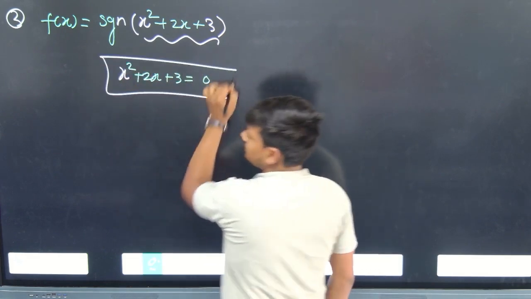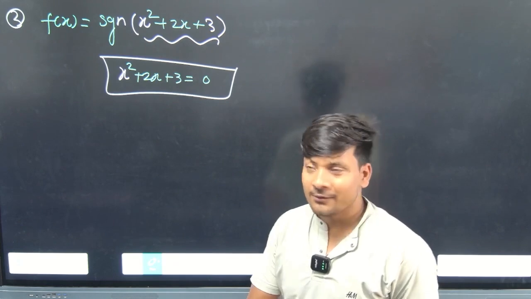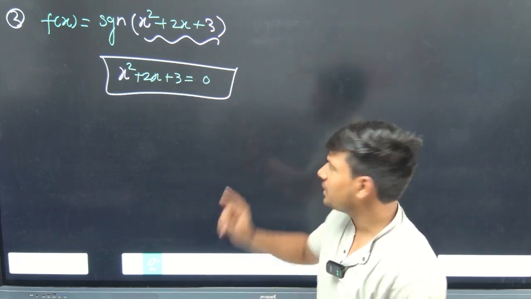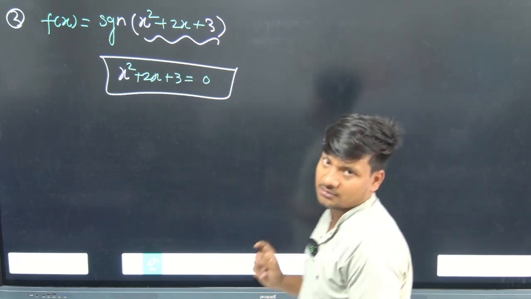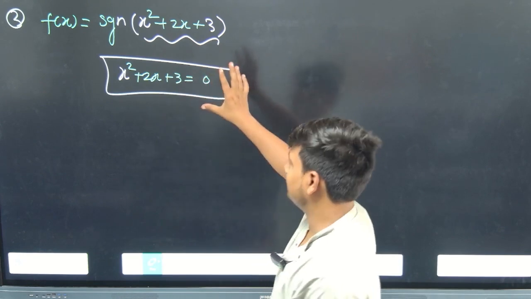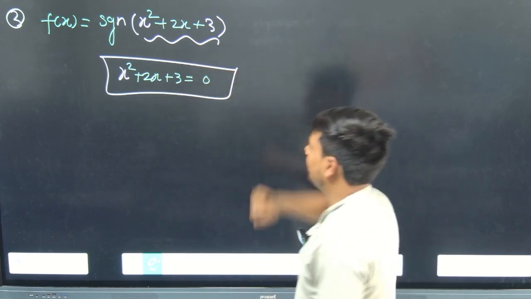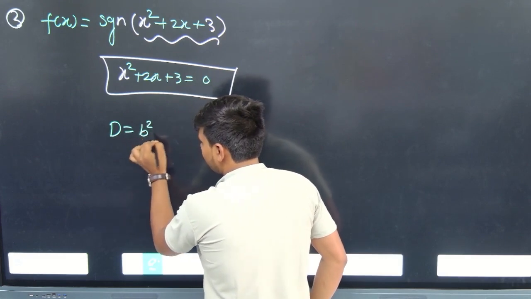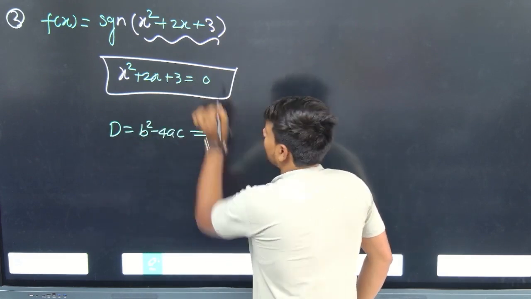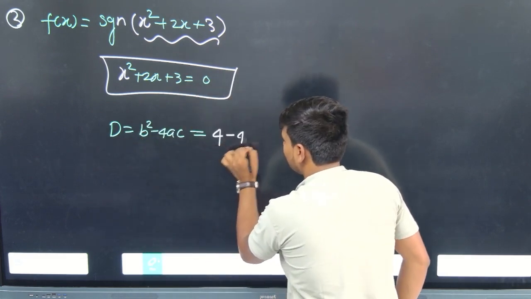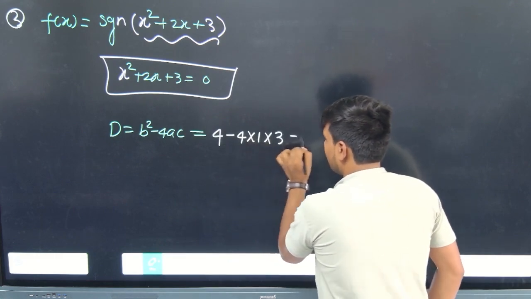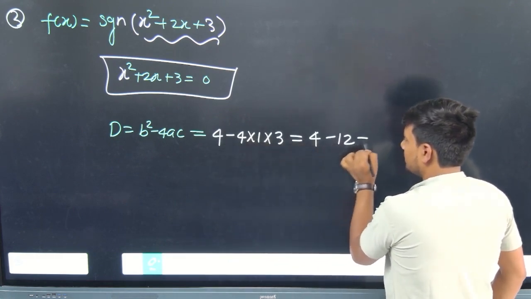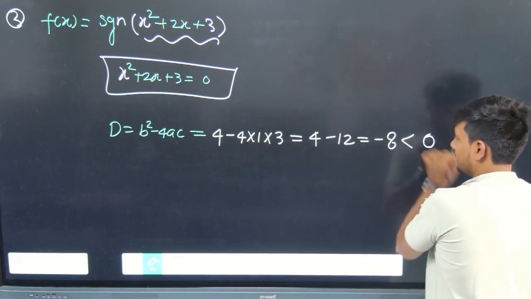Now we want to find the value of x for this, but you can see that this is a quadratic expression, and if we find the discriminant, D equals b square minus 4ac, that is 4 minus 4 into 1 into 3, that is 4 minus 12, that is minus 8, which is less than 0.